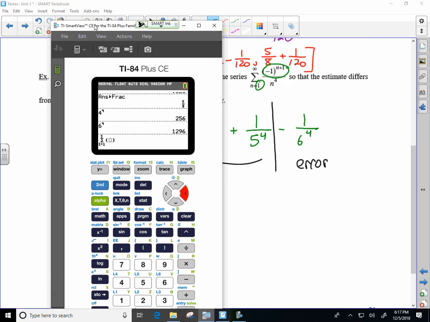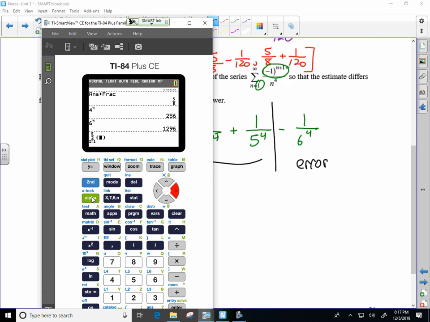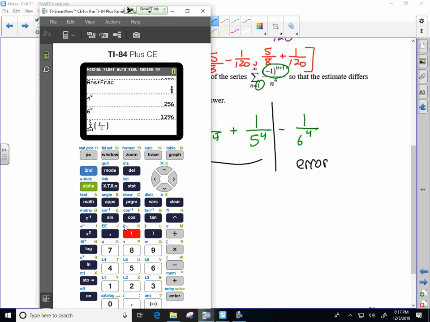And then I would just type in my original a sub n. Only part of it, because it's alternating, only part of it's actually a sub n. Numerator or denominator. Bring this up a smidge. Negative 1. Although in the time it takes to type it in, you may have already figured out the actual sum.